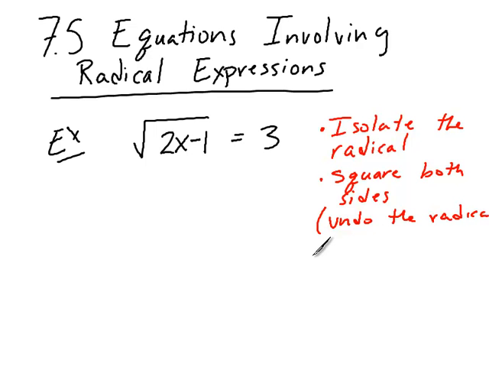And then one thing we need to make sure to do, especially if we have a square root or a radical with an even index, like square root, fourth root, sixth root, is always check our solutions. I'll explain more about this as we go along.